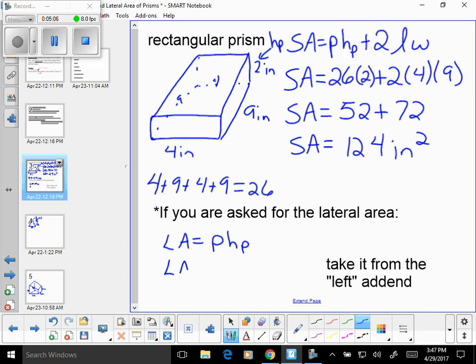So our lateral area is simply going to be taken from this left-hand addend right here. And that's going to be 52 square inches. So as long as you're going to be calculating the surface area, why do the lateral area twice? Just do it once and use it from the surface area formula.